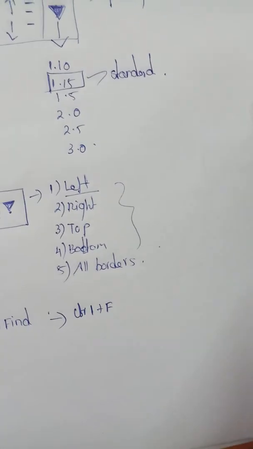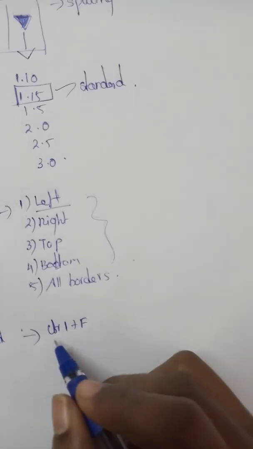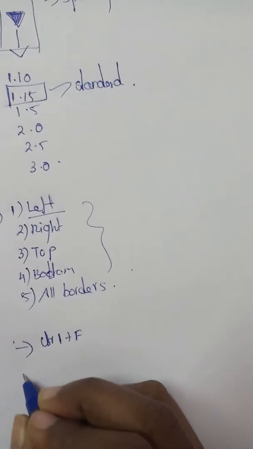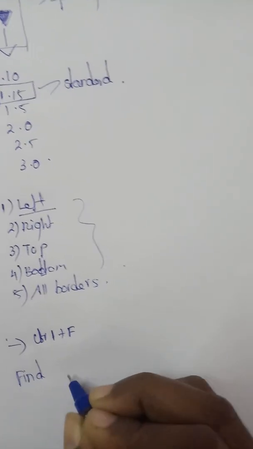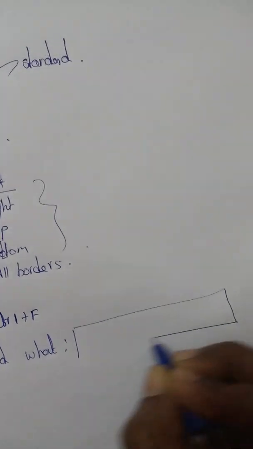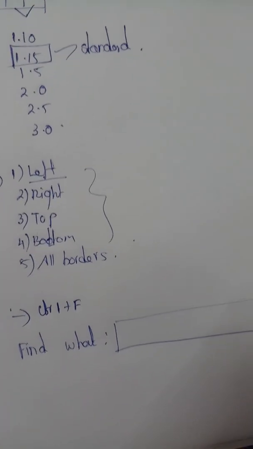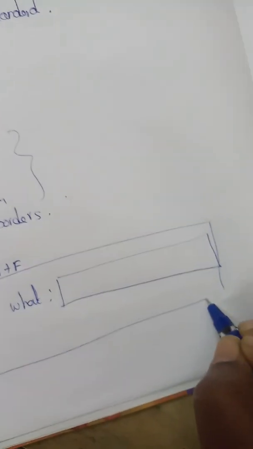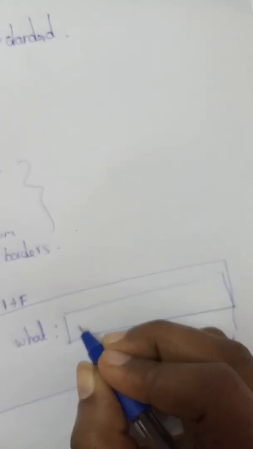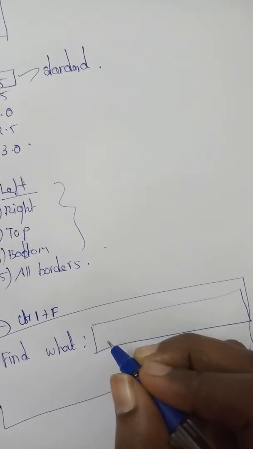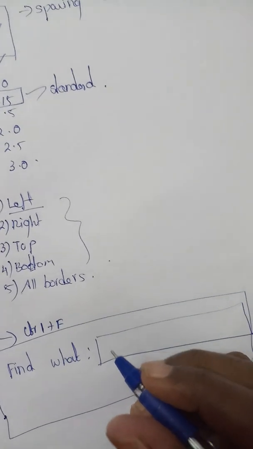When you click find, or press the Ctrl plus F shortcut key, the dialog box will appear and have options like Find what. Here you need to give the word you want to find.